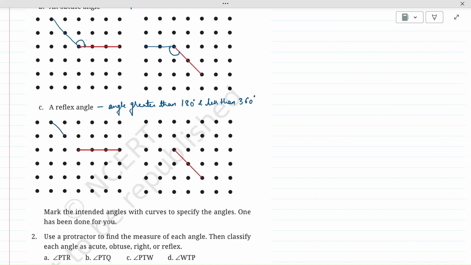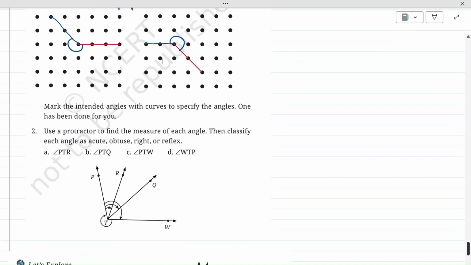So if again I join this, this angle will be the reflex angle. Similarly here, I'm doing the same thing, and this is our reflex angle. This complete angle is more than 180 but less than 360 because it is not making a complete circle. Okay, so I hope this is clear.